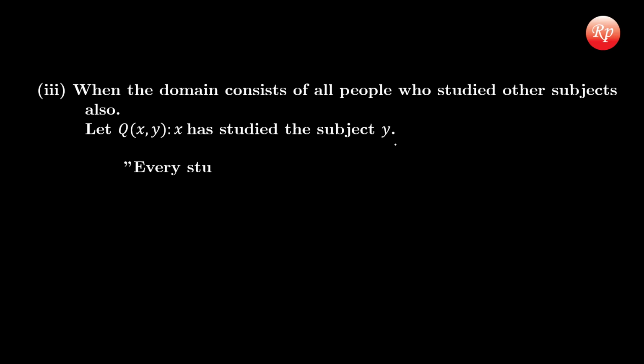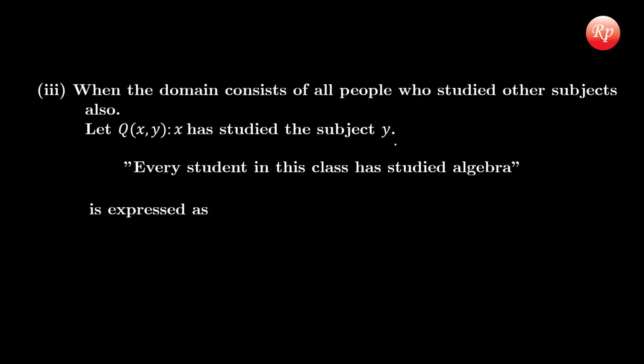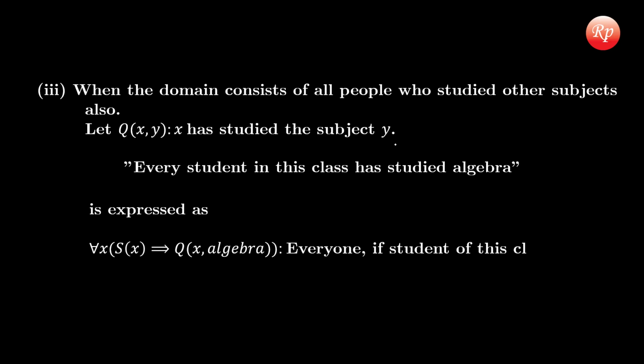Then we can easily write every student in this class has studied algebra as for all x, Sx implies Q(x, algebra). So everyone, if a student of this class, has studied algebra. Again, an arbitrarily picked person, if found to be a student of this class, has studied algebra. This predicate shows that there are other subjects also, apart from algebra, so we have put here algebra only.